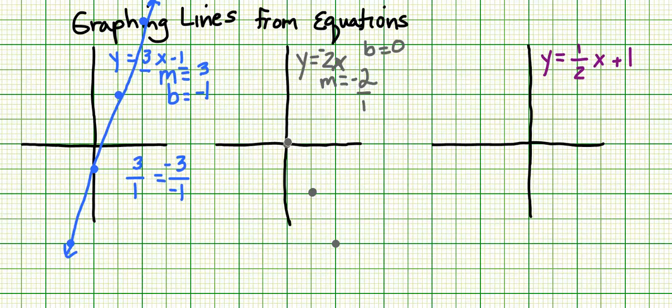Instead of having the -2 on top, I could have the 2 on the top be positive, but the -1 be on the bottom. So now my rise would be up 2, and my run would be to the left 1. So up 2, left 1, put a dot there. And you can connect those points.